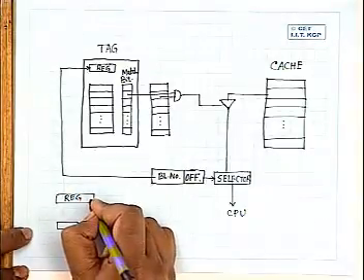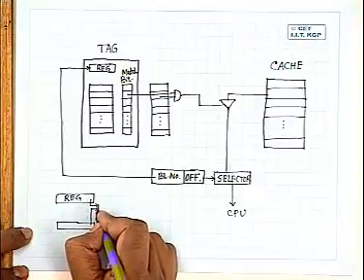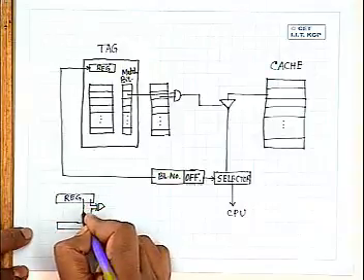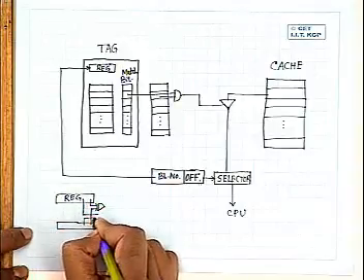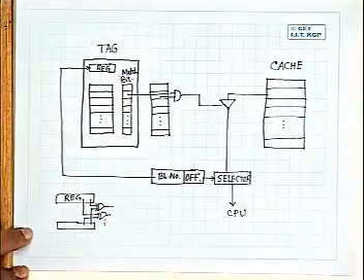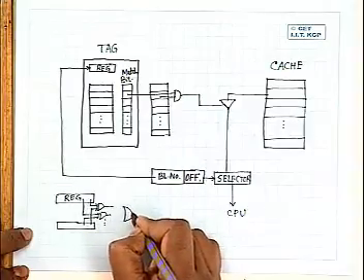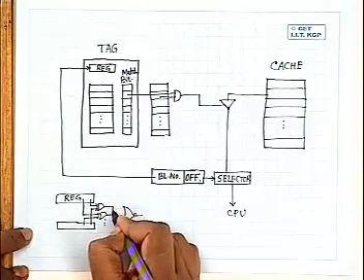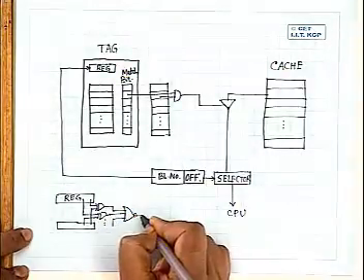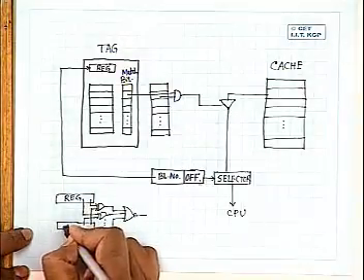What I do is, every bit of this register is XORed with the corresponding bit in the tag memory location. So, I have an array of XOR gates like this. All these XOR outputs are then passed through a NOR gate. So, this is a particular tag memory location.